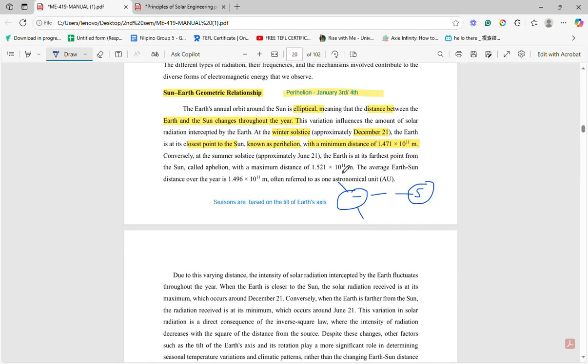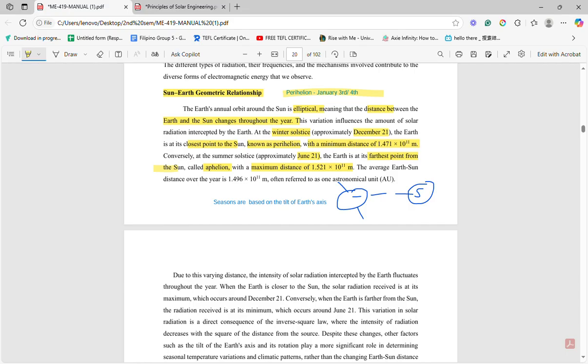And the other one, the Earth is at its farthest point from the Sun, called aphelion, with a maximum distance of 1.521 times 10 to the 11th meter. And this one naman, when we talk about summer solstice, that starts to occur at approximately June 21, 'di ba?